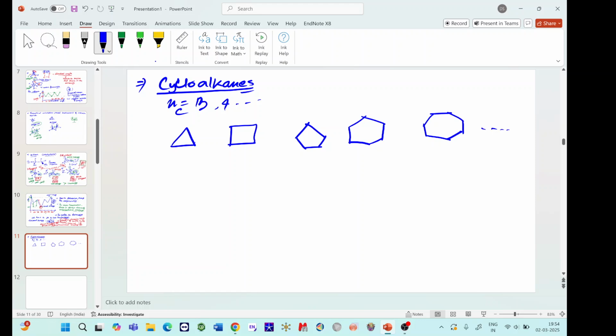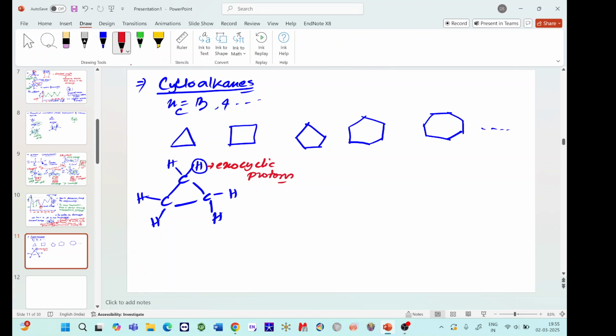Now you have to check how it looks for the cyclopropane. You have 3 carbon atoms at the vertices of a triangle, and you have these protons associated with the carbon. So these are called exocyclic protons.